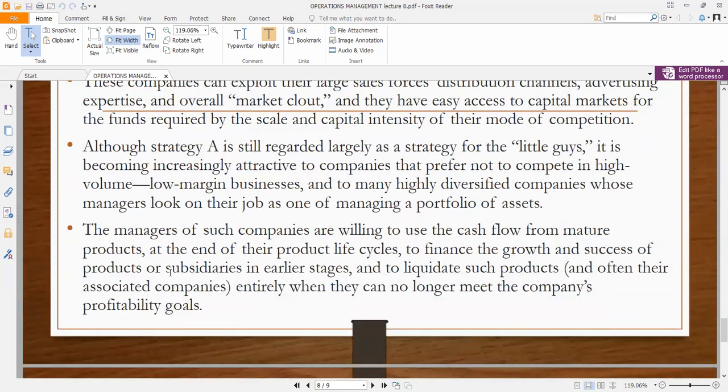Now, the managers of such companies are willing to use the cash flow from mature products at the end of their product life cycle to finance the growth and success of products or subsidiaries in early stages, and to liquidate such products, and often associated companies entirely, when they can no longer meet the company's what?